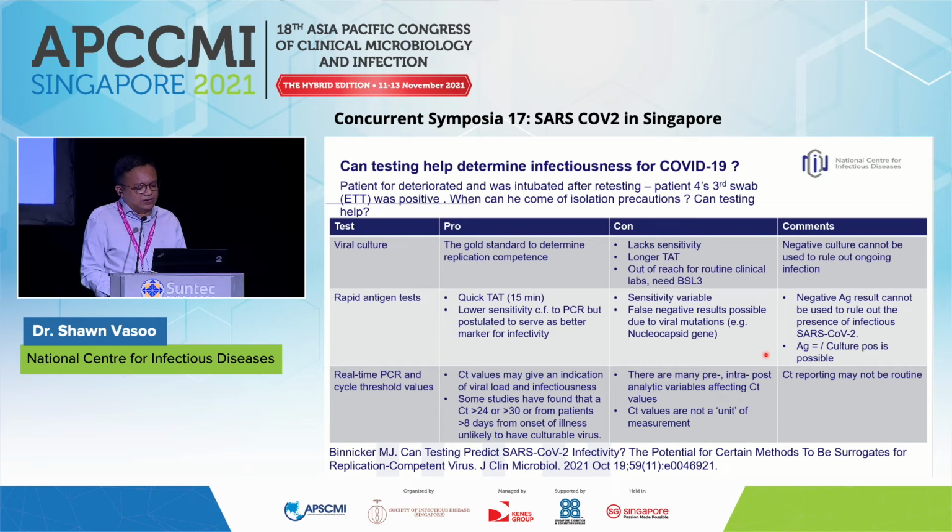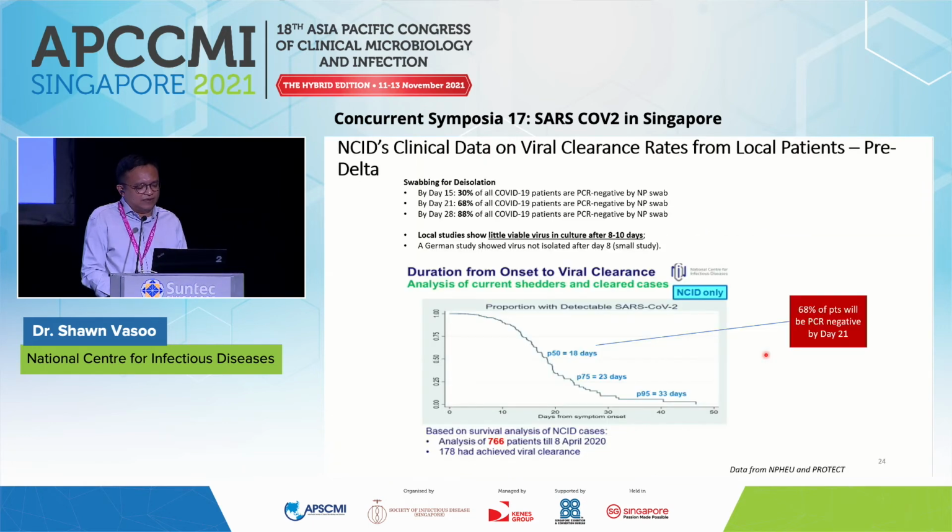Of course, the CT value was never meant to be a unit of measurement. And there are studies seeming to indicate, and I will show you some data from our institution, that a CT value of more than 24 or 30 and more than 8 days from illness is less likely to culture virus. But then again, there are many pre-, intra-, and post-analytic variables affecting CT values.